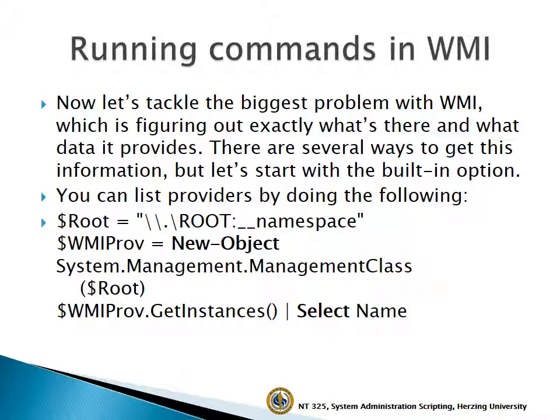There are several ways to get this information, but we're going to start with the built-in option. You can list providers by doing any of the following. Granted, if you do this, it's a little bit more complicated than the rest of the tasks. Fortunately, you shouldn't have to do this often.